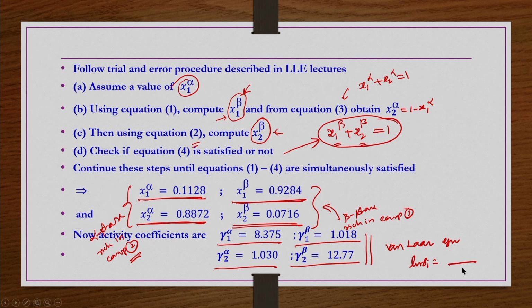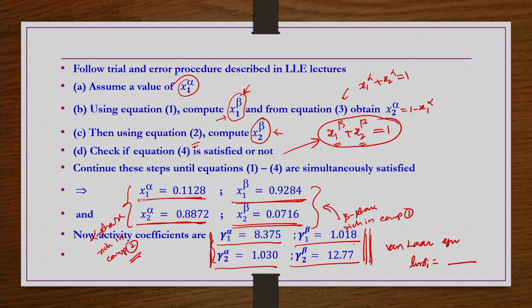They can be used for both alpha and beta phases, by simply substituting x1 alpha, x2 alpha or x1 beta, x2 beta in those equations. At the beginning of the solution of this problem, we have this equation written. There you can substitute for gamma 1 alpha whatever x2 alpha information is required, because A prime and B prime are anyway given. Similarly, for gamma 1 beta, whatever x2 beta information is required, you have already got. So, you substitute, because here also the same A prime and B prime are known. Similarly, gamma 2 alpha and gamma 2 beta you can also find out.